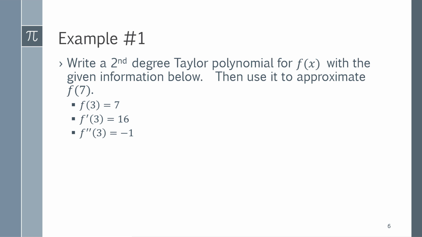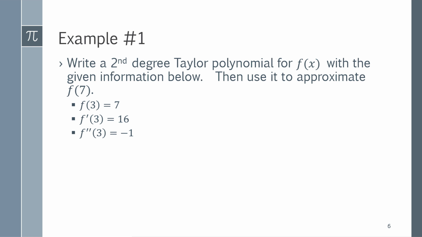When I see it says second degree, that means that when I'm done simplifying, it should have a highest exponent of 2. So what I like to do is start by just writing out what it is I need to find before I start plugging anything in.